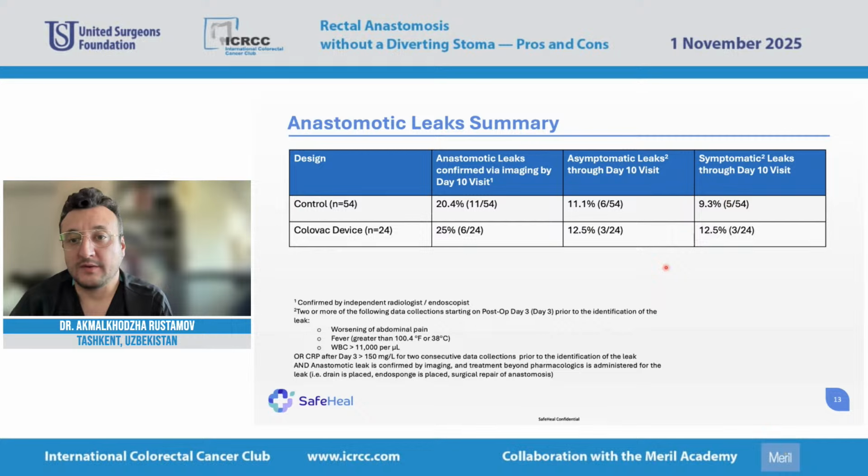Importantly, all leaks were detected early by imaging or standard clinical criteria and were managed conservatively without mortality. These findings suggest that leak rates with ColoVac are within the expected postoperative range for low anterior resections, indicating an overall comparable safety profile.